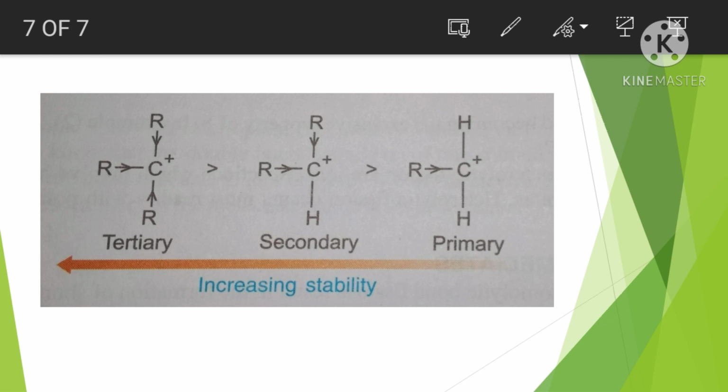We study the stability of the carbonium ion. It depends on two effects. One is resonance, another one is inductive effect. Here the positive inductive effect makes the carbonium ion more stable, and the negative inductive effect makes the carbonium ion less stable. The example for the positive inductive effect is methyl groups or alkyl groups.